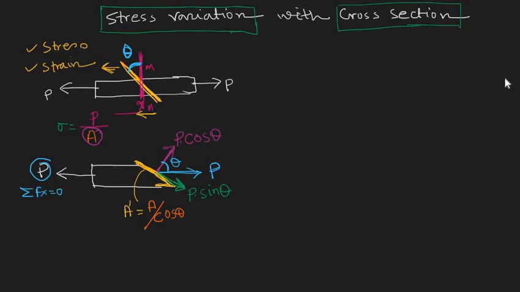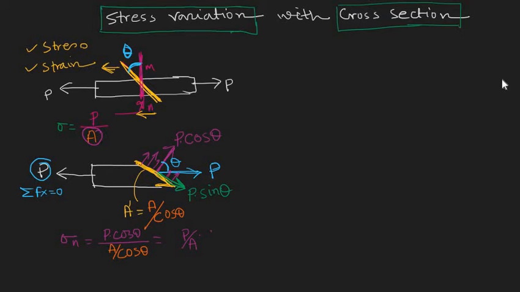Now if I ask you what is the normal stress acting on this yellow plane, simply the normal stress, that is sigma n, is the normal force, that is P times cos theta, divided by the area, that is A by cos theta. And it will give you P by A times cos square theta.